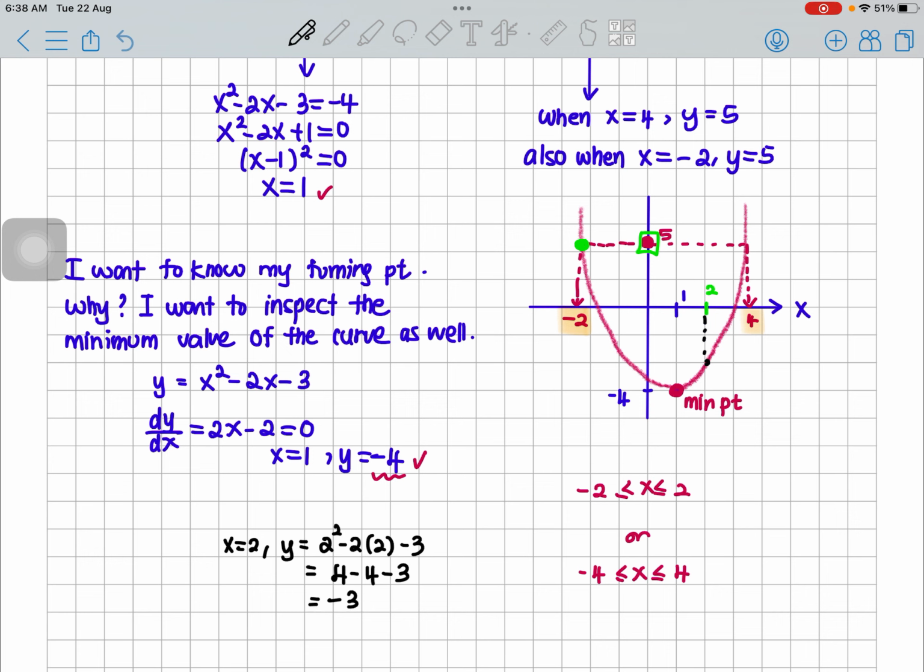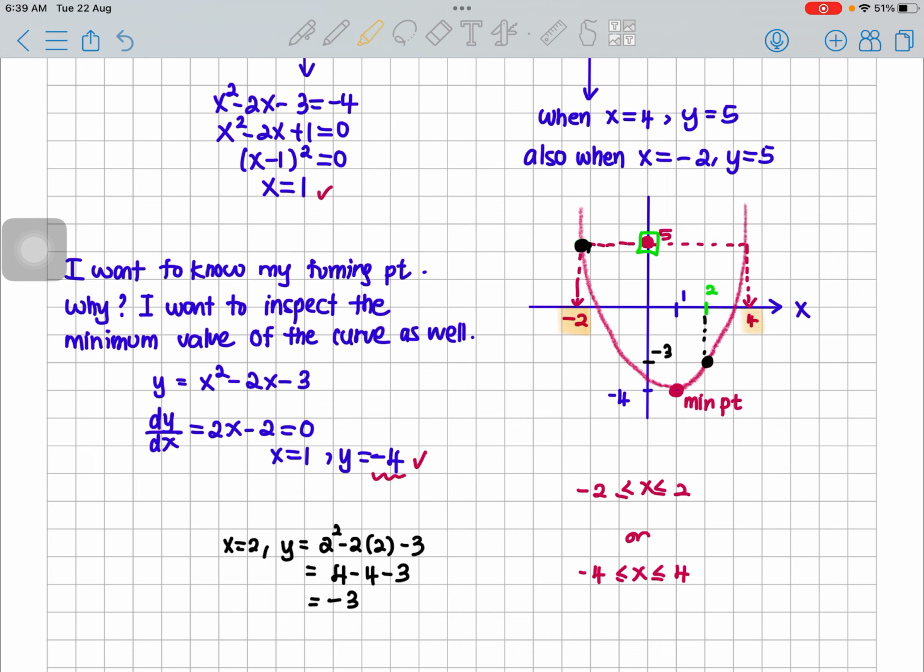So it is here. Now you have to ask yourself, your domain is from negative 2 to 2. These are the possible x values you are taking. For this part, the highest y value is 5 and the lowest y value, is it going to be minus 3 or minus 4?